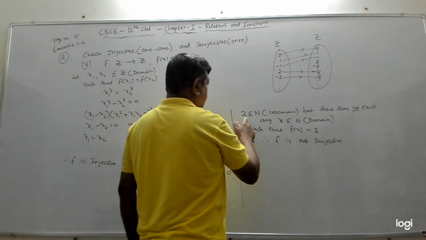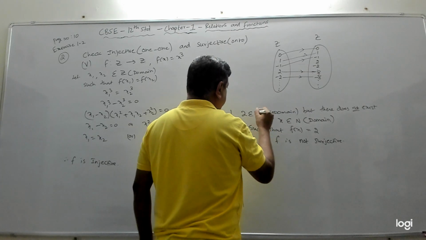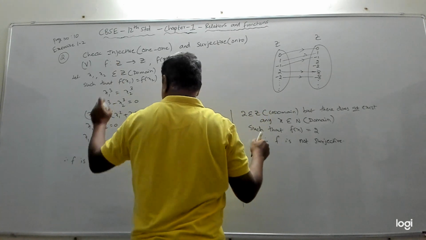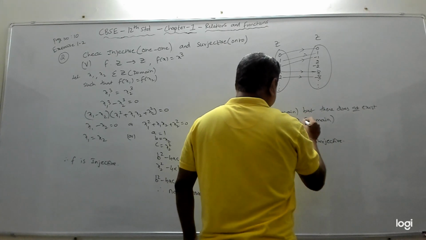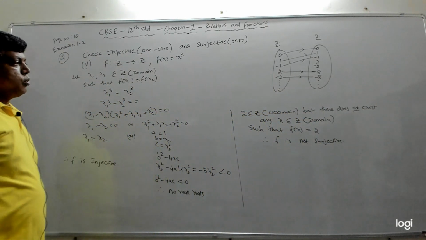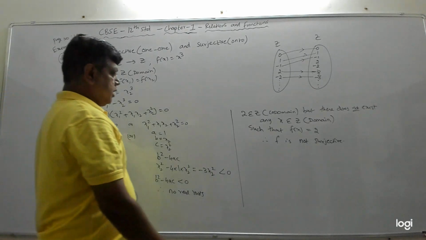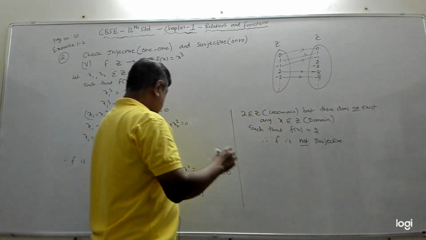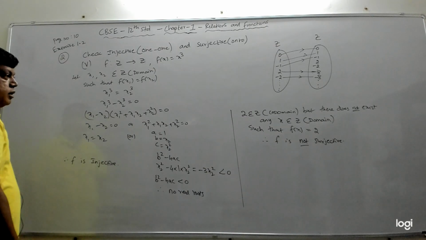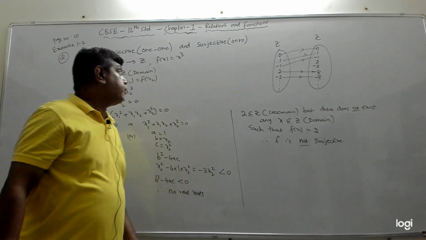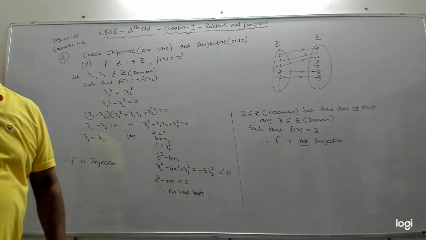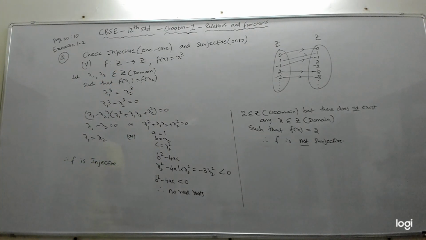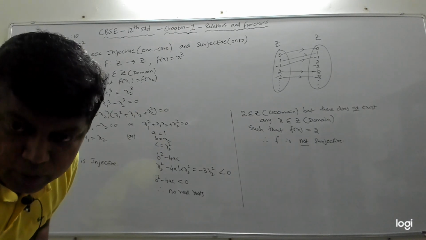So we can say 2 belongs to Z, because our set is the set of all integers, but there is not any element belonging to Z such that f of x is equal to 2. Therefore, f is not surjective. So in this case also f is injective, but f is not surjective when f of x is equal to x cube and it is from Z to Z, the set of all integers to the set of all integers.